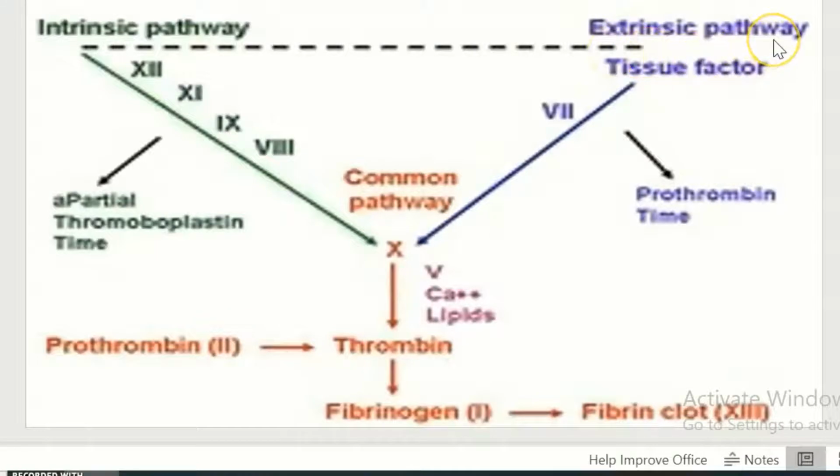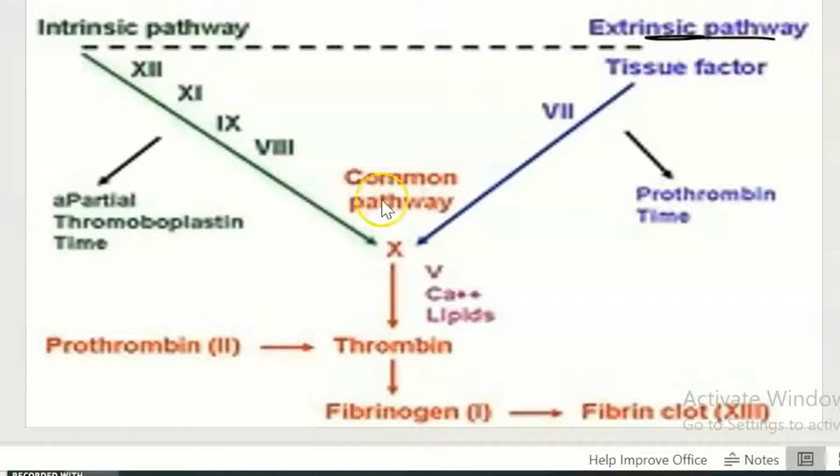Let's learn what the extrinsic factors are. In the last lecture on the coagulation cascade, easy way to remember, we discussed in detail the 3 coagulation pathways with tricks to remember. If you want to remember the clotting factors, watch my last video.